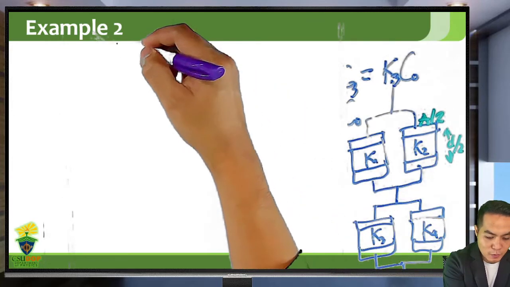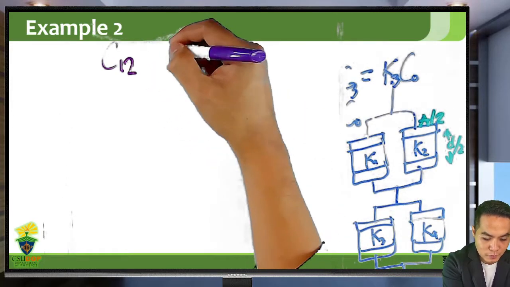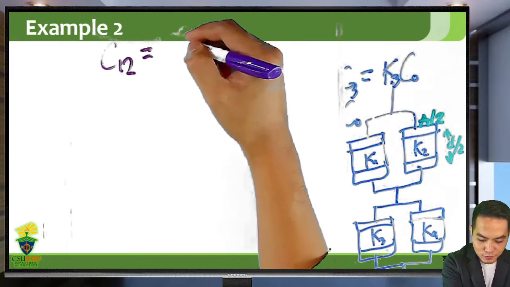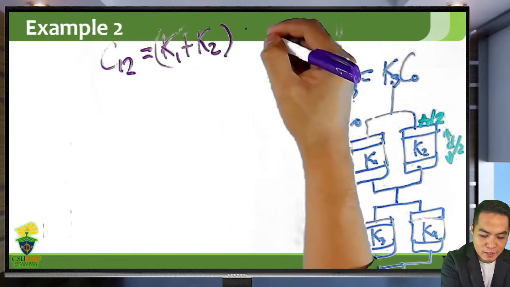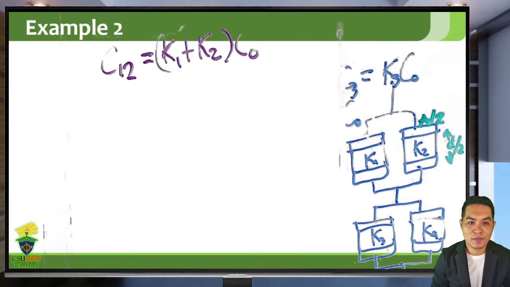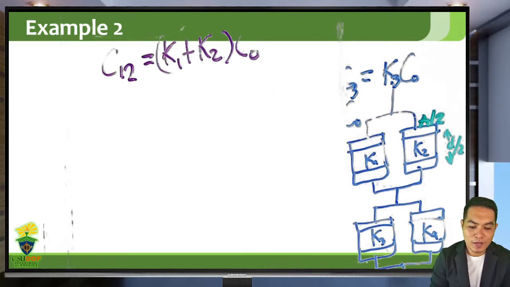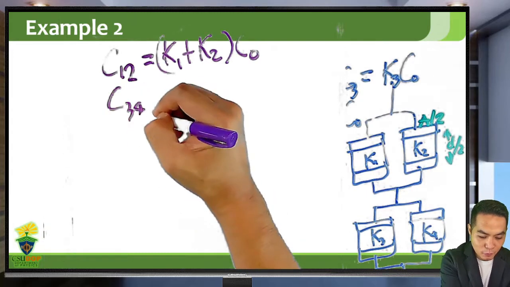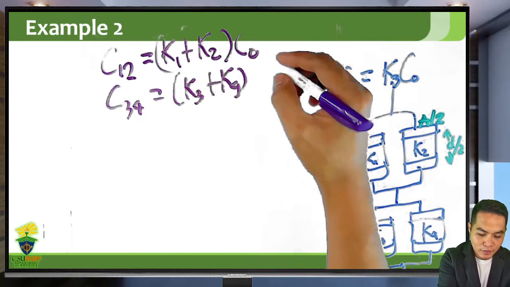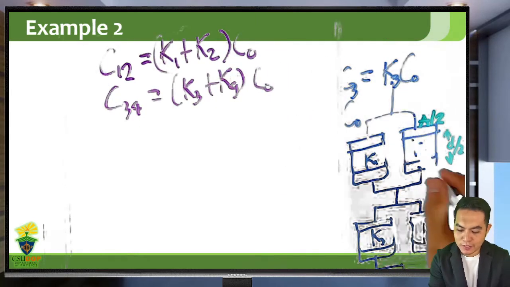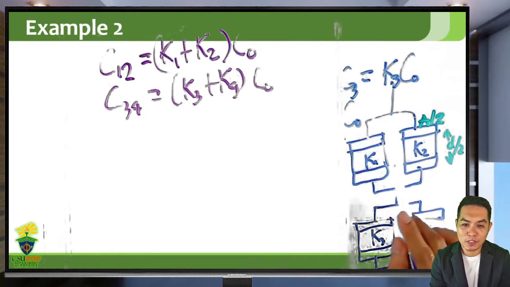So C12 will just be equivalent to C1 plus C2, so that will be K1 plus K2, and I just factor out their common value, C naught. And C34 will be the same, K3 plus K4 C naught. So this is C34, this is C12 here.